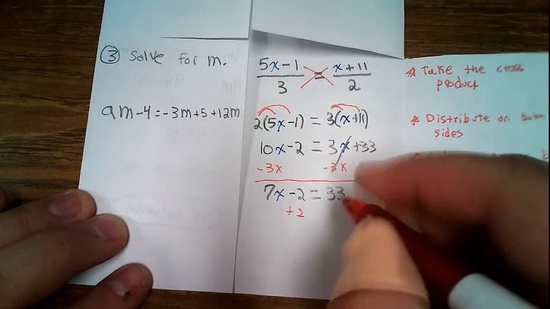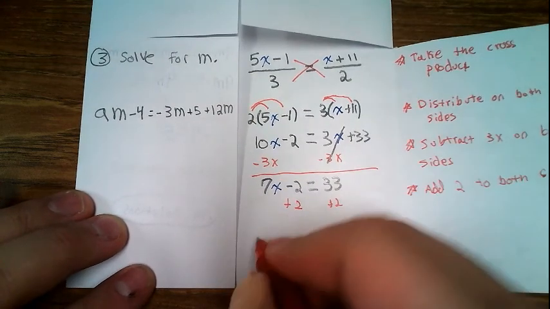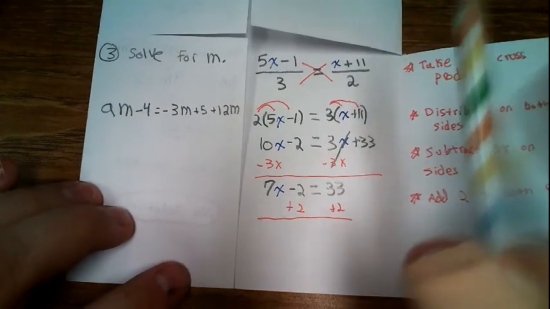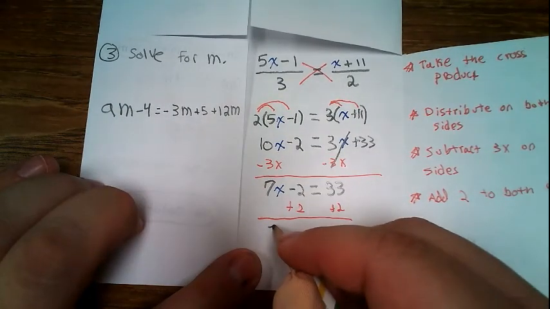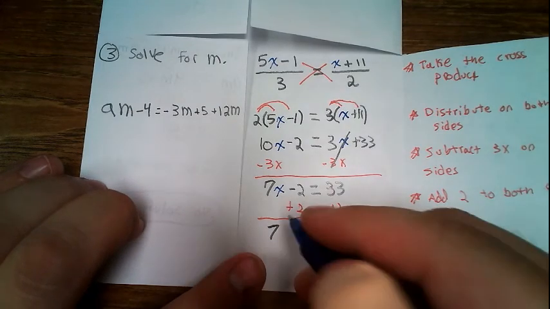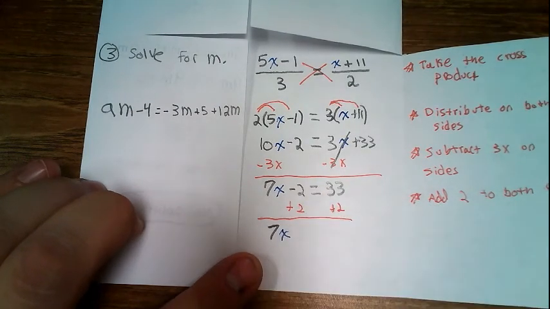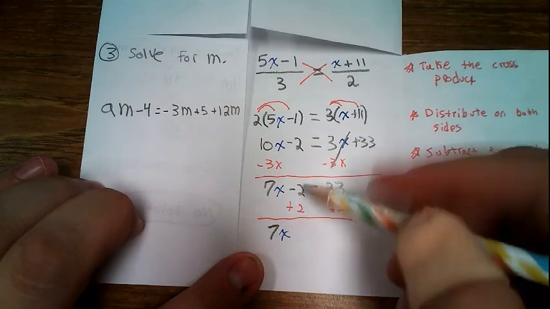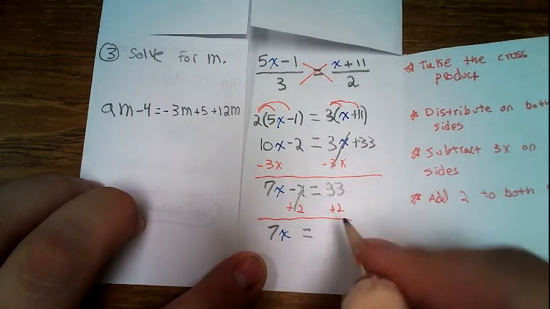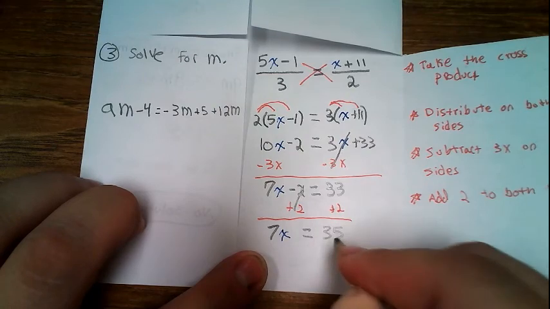I add 2, add 2. I'm left with 7x. The 2's cancel, so it's just 7x equals 33 plus 2 is 35.